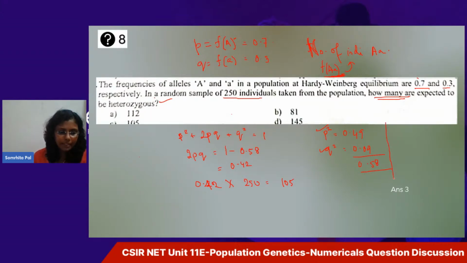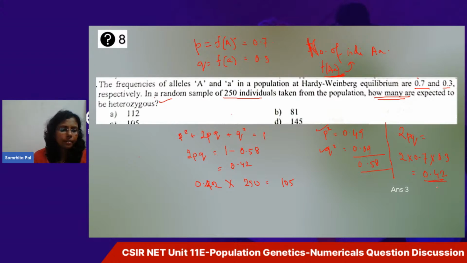So this is one method. You can straight away put the values as 2PQ is equal to 2 into 0.7 into 0.3. This will save time. Okay, so that will also give you 0.42. So instead of going by that method, you can use this shorter method.